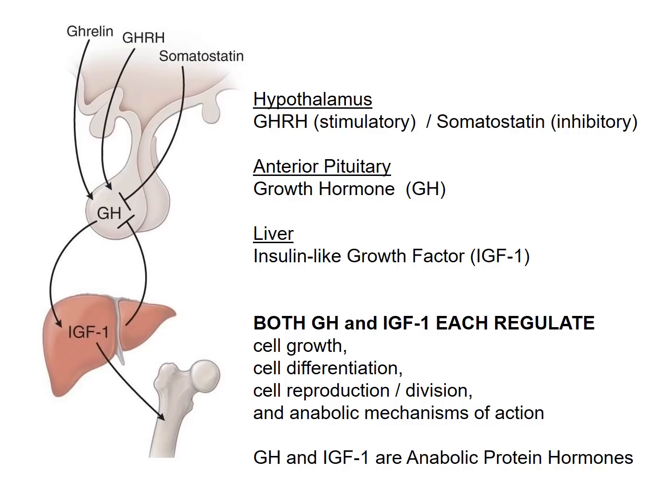And growth hormone and IGF-1 essentially do the same thing. They are both able to get into systemic circulation and promote growth of cells, differentiation of cells, reproduction and division of cells, and both of these hormones are anabolic.